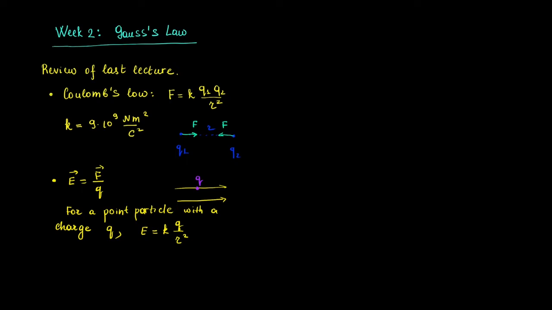We can also write this in vector form. To do so, E was equal to K Q divided by R cube multiplied by the R vector, since R and E are in the same direction. Now, to study Gauss's law, first we have to define the electric flux through some surface.